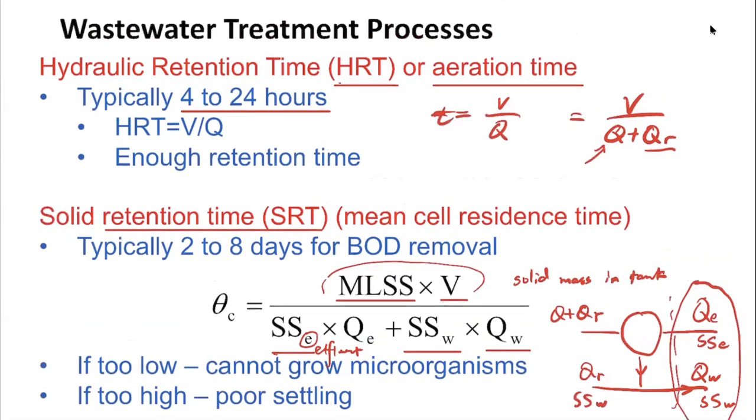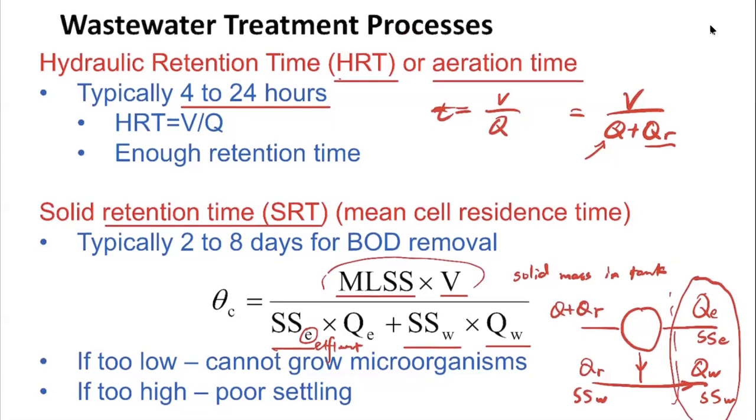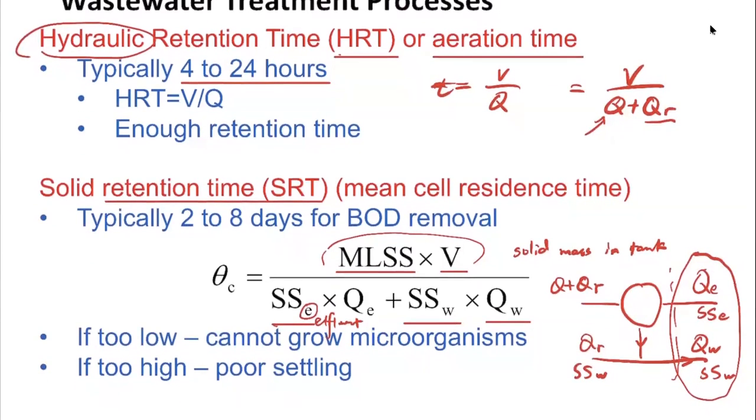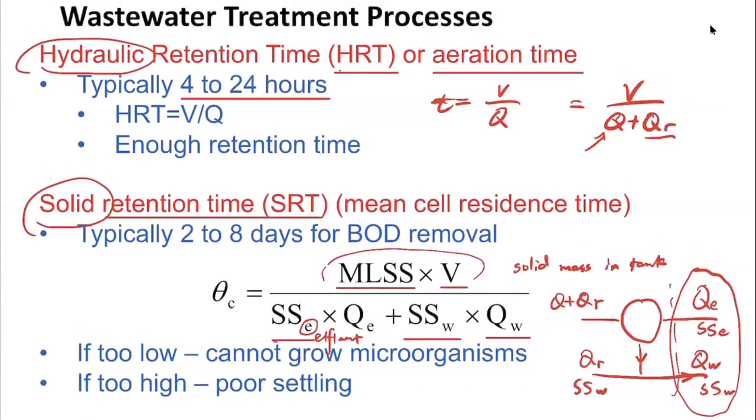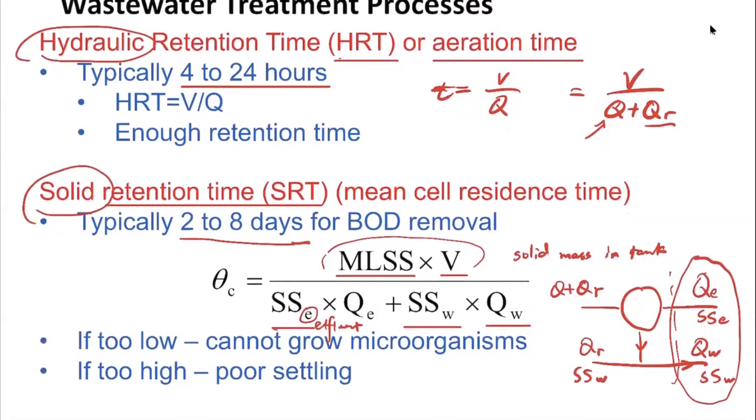So you can see now what is the difference between the hydraulic retention time and the solid retention time. The hydraulic retention time just deals with the water. What is the residence time of wastewater in this system? Well, the solid retention time is the residence time of these bacteria in the aeration tank. And because of that, this time is going to be longer compared to the water time, because the bacteria are being recycled in the system, right?